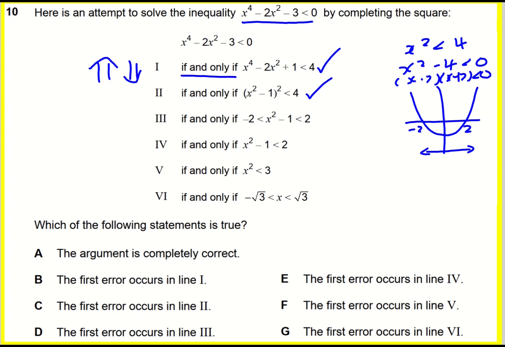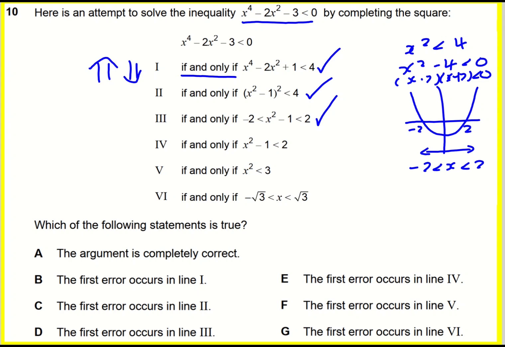So that's all they've done here, but just with x squared minus 1 all squared instead of x squared. So there's no problem with that. And if we went the opposite way, if x squared minus 1 is in between those values and you squared it, you would still be less than 4. So it works either way here as well.